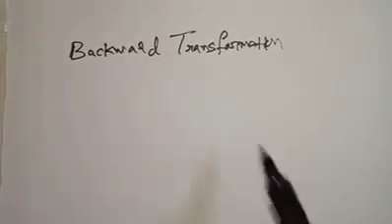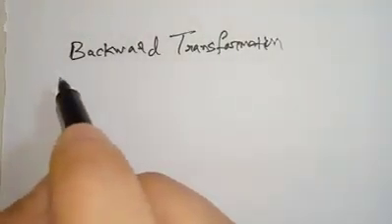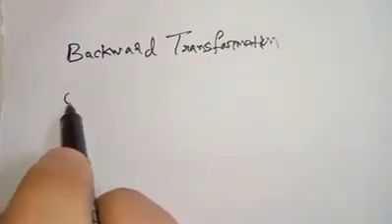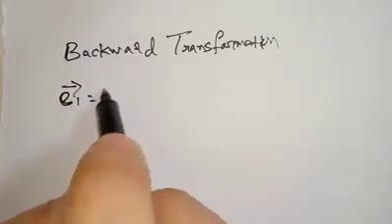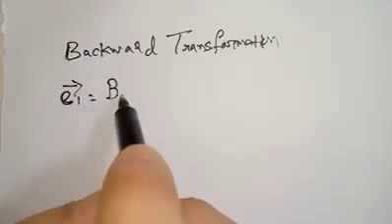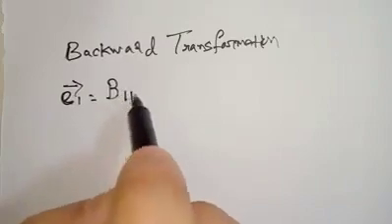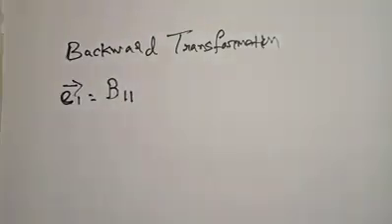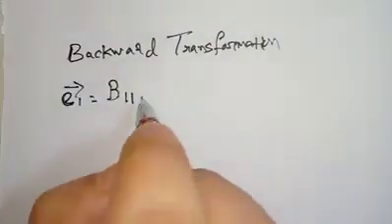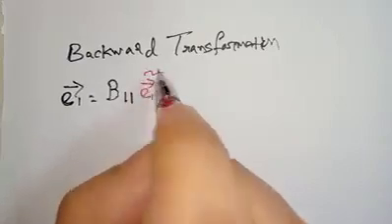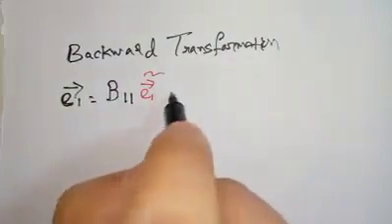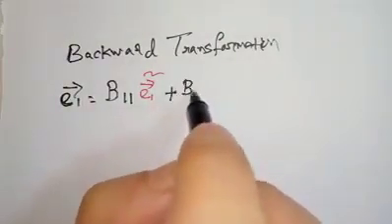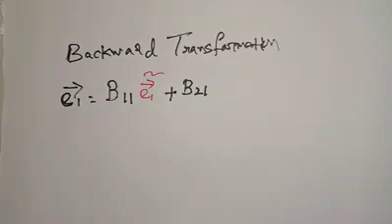The backward transformation, which we noted earlier, is that we take E1 and from there we find backwards. I will put B for backward. So E1 would be B11 E1 tilde plus B21 E2 tilde.